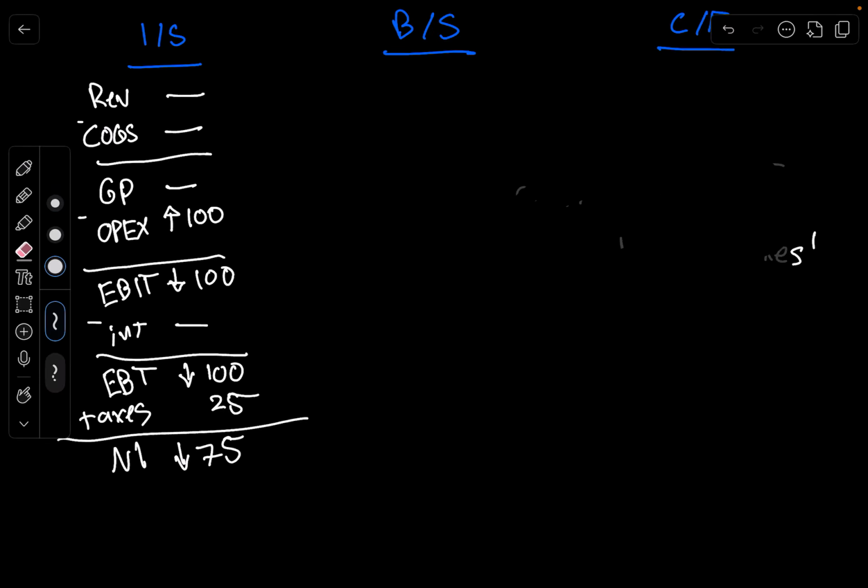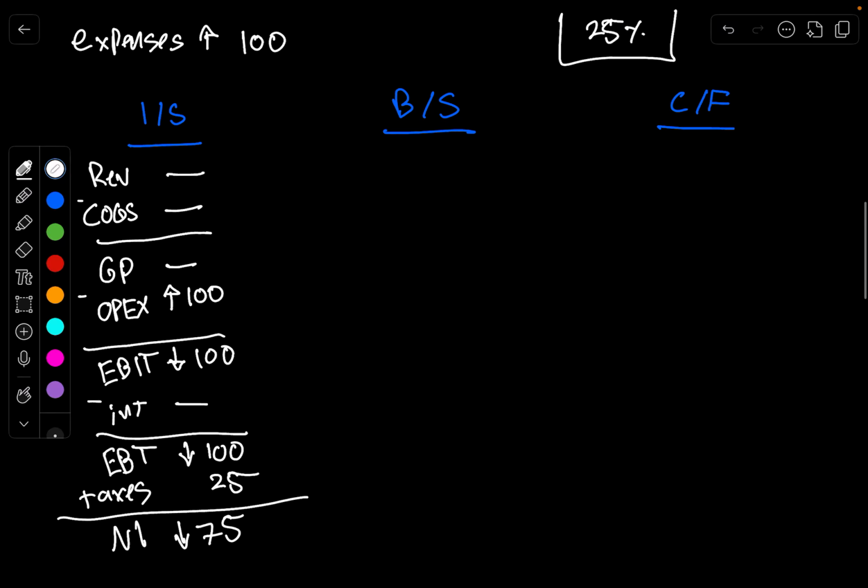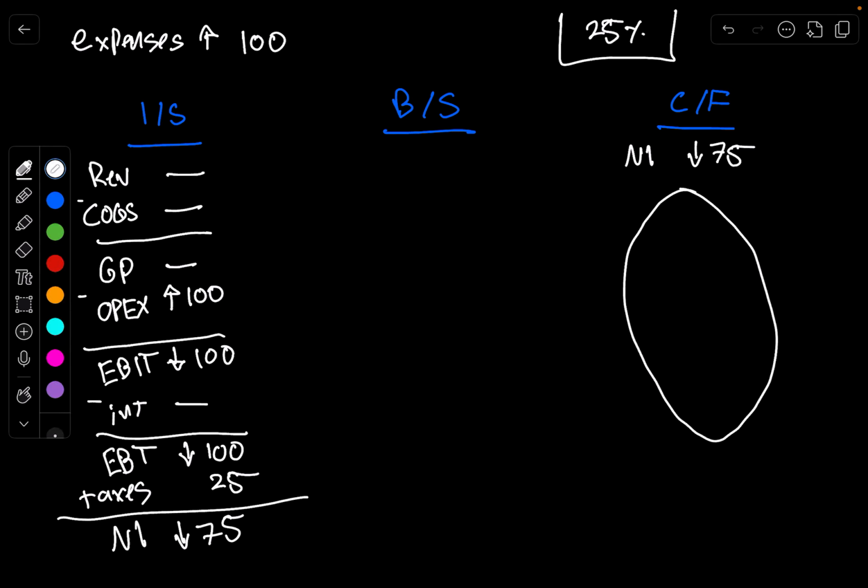Now, we go over to our cash flow statement. On our cash flow statement, we know that our net income is down by $75. And if our net income is down by $75, we now have to see, are there any adjustments that we need to make on our cash flow statement?